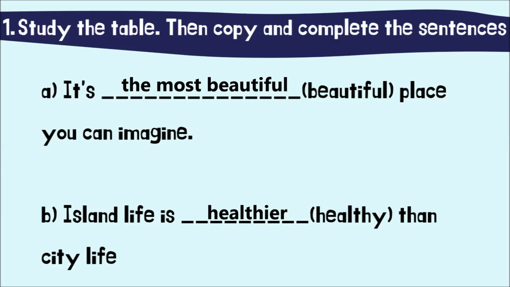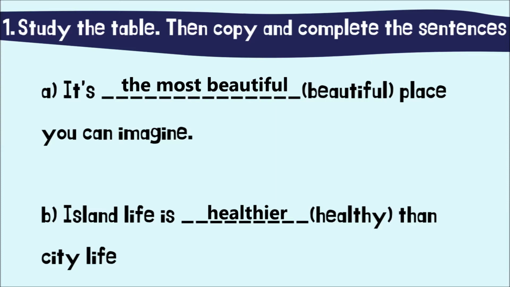We have to compare between, kita kena bandingkan antara island life, kehidupan di pulau, ataupun kehidupan di bandar, city life. So, if we have to compare between two things, we have to use comparative. Kita kena guna comparative untuk membandingkan antara dua perkara.